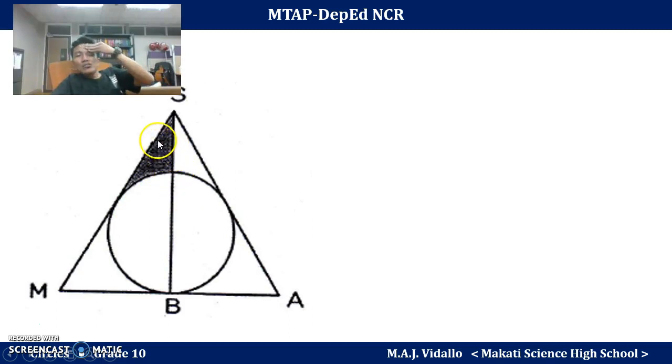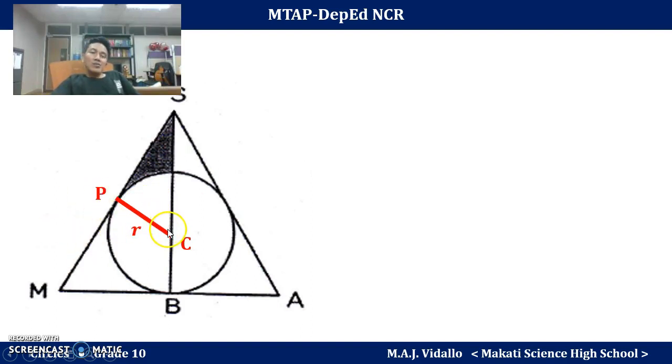Since the area of the shaded region is given, which is 3 square root of 3 minus pi, we are going to focus our attention on getting MS. So, from the circle C, let me connect the center C perpendicular on side MS. And that segment is actually the radius of the circle.